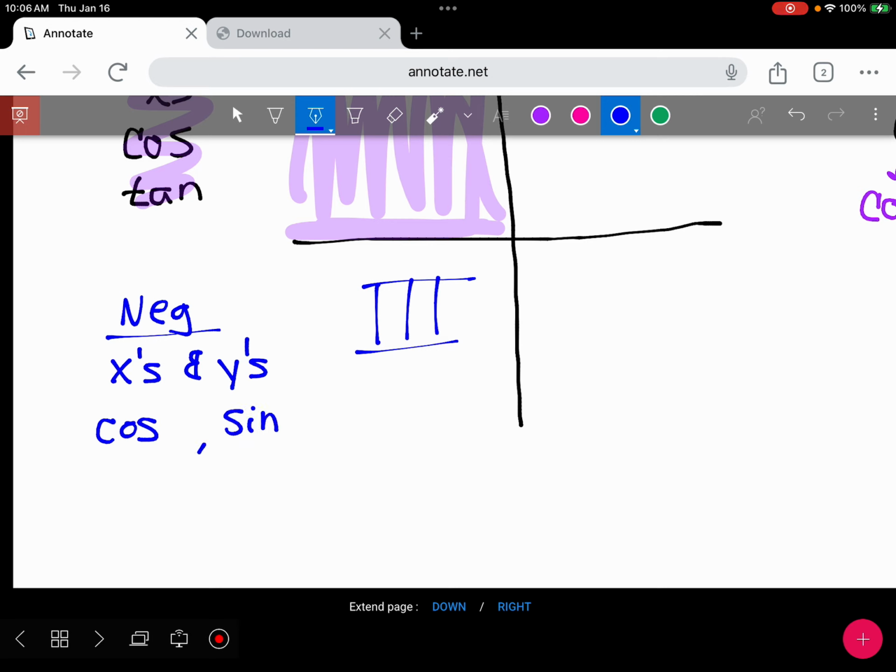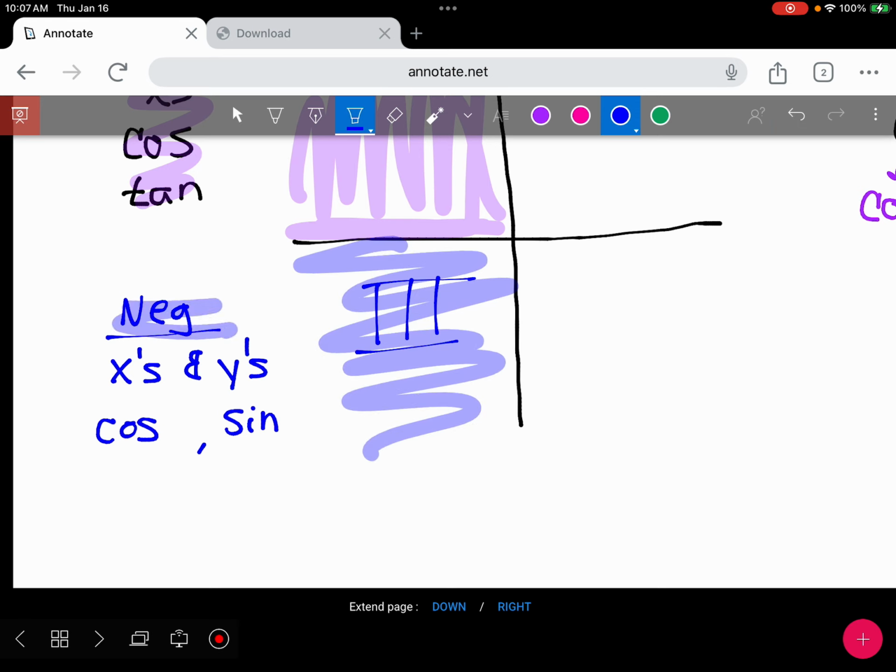Is our tangent going to be negative? Because it's negative, so our sine is negative over a negative. Negative over a negative, that's positive. So our tangents will be positive in quadrant 3. So this guy, I don't know why I went that far out. Quadrant 3, these are our values. Okay? I don't like that. That's way too opaque there. We're just going to leave those blue.